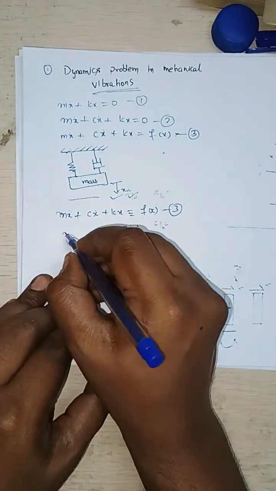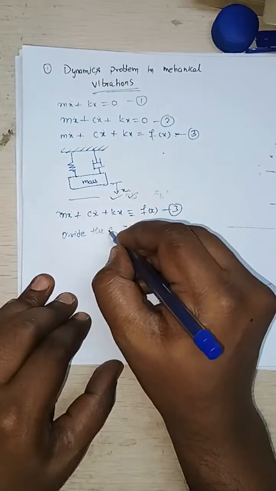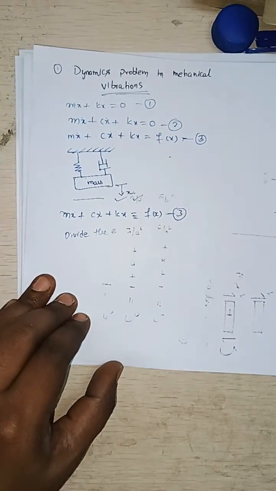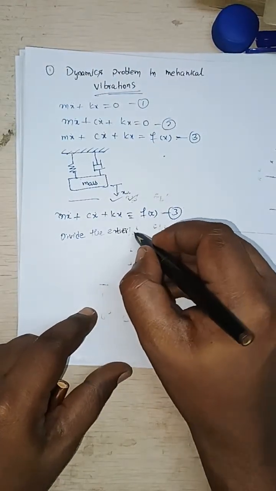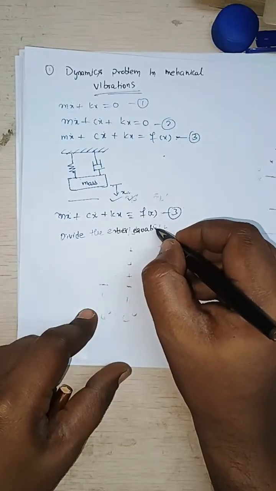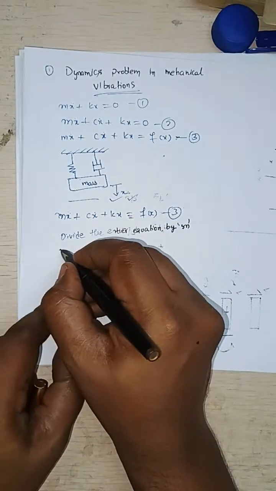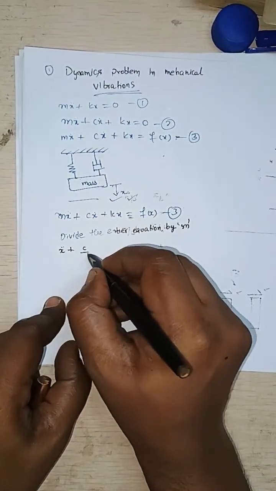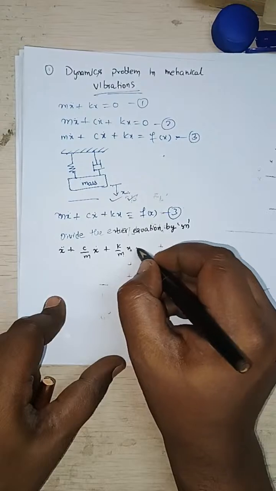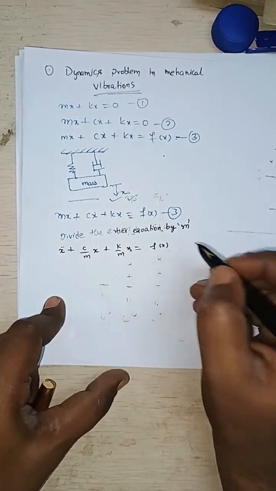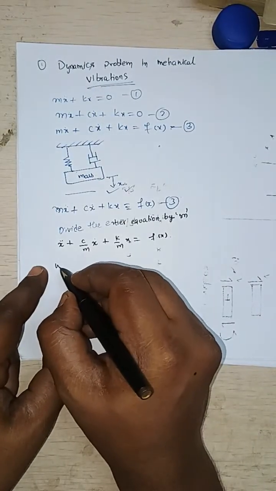Okay, divide the entire equation by m, and we'll get x double dot plus c by m x dot plus k by m x is equal to f of x.